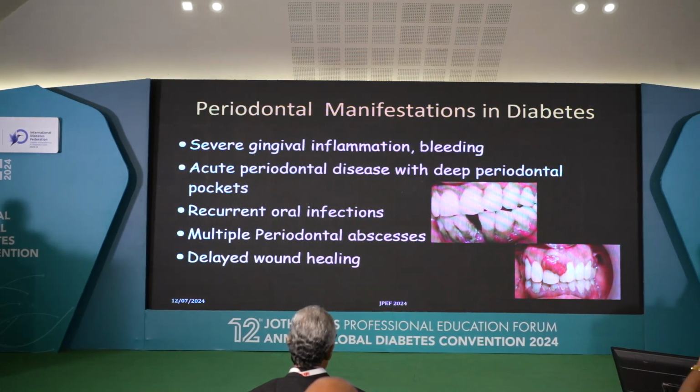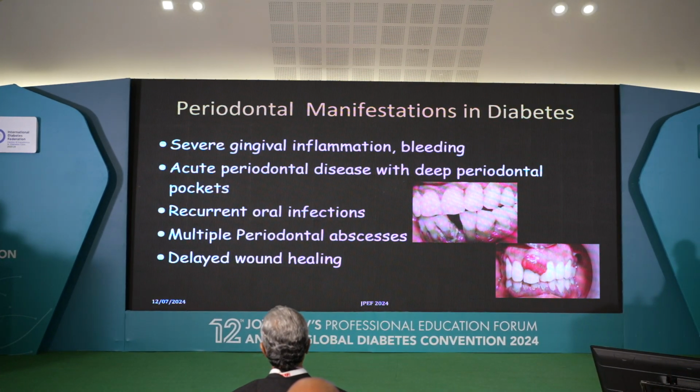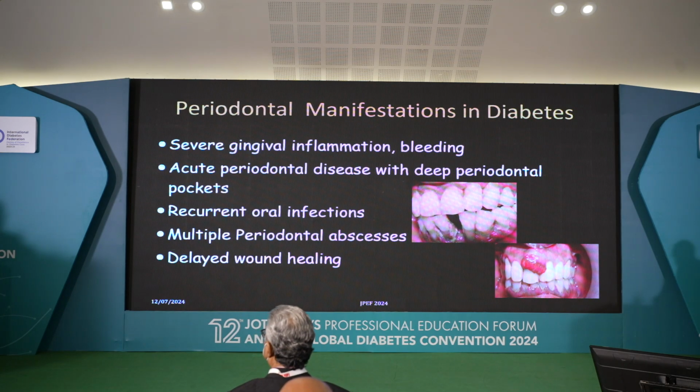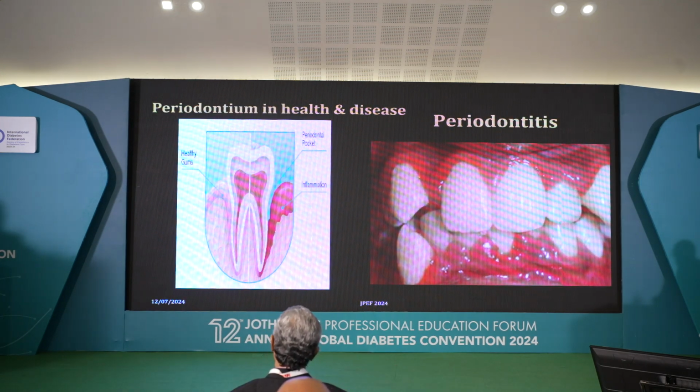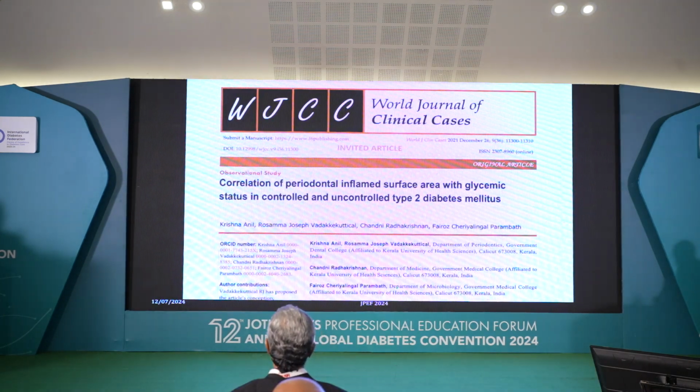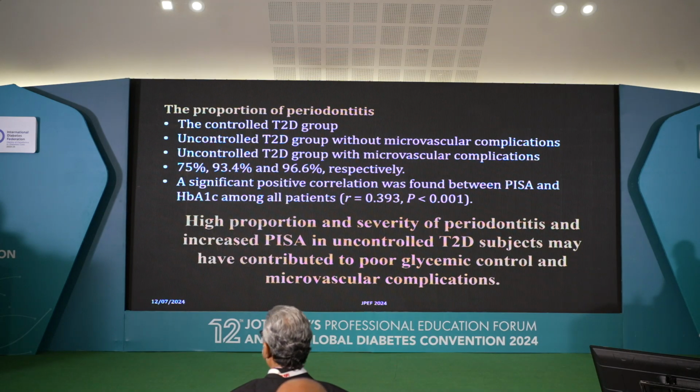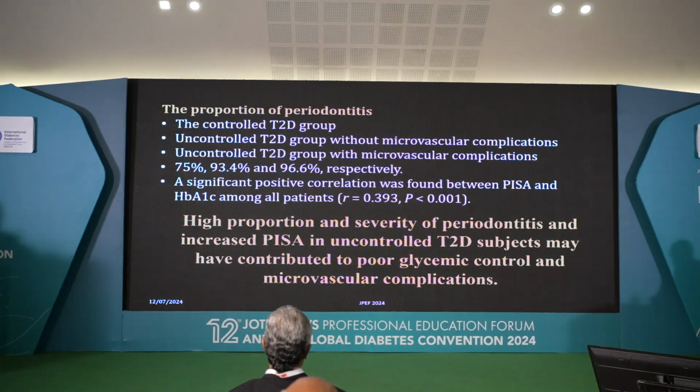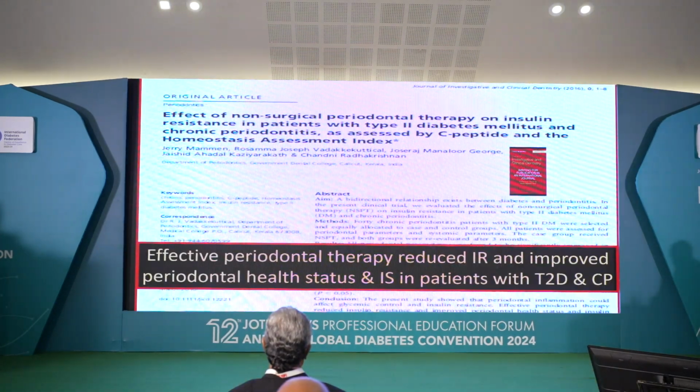Periodontitis: we have a very close association with our dental department, periodontal department, and we have done many studies with regard to periodontitis. It has shown very clearly that severity of periodontitis and increased periodontal inflammatory surface area in uncontrolled type 2 diabetes have contributed. Periodontitis has actually contributed to poor glycemic control as well as microvascular complications.